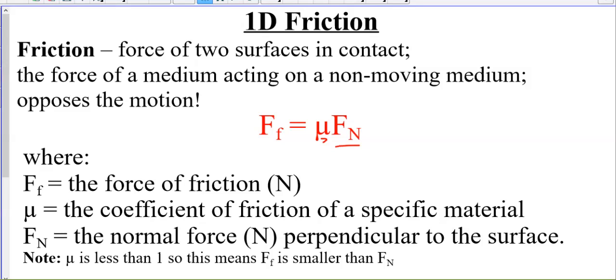So the coefficient of friction here, mu, is a dimensionless coefficient. There's no units involved, and you'll notice there's no vector symbols on these forces as well, because more often than not, if we're talking about moving across the ground here, friction is usually in the x direction, and the normal, if you recall, is the perpendicular force to a surface.